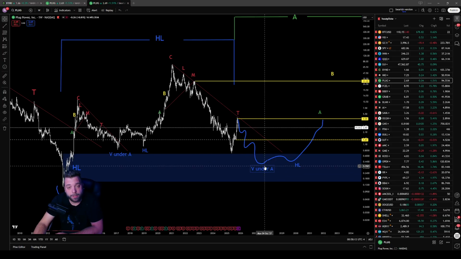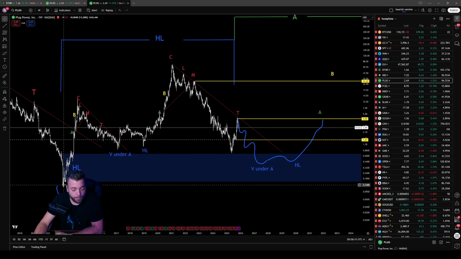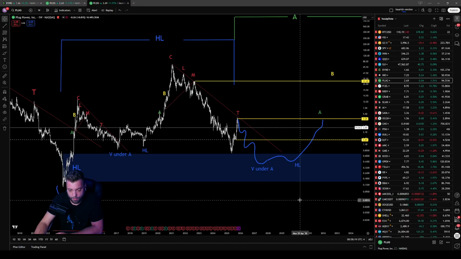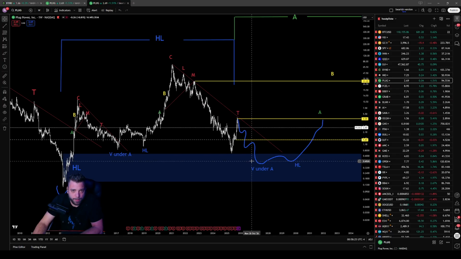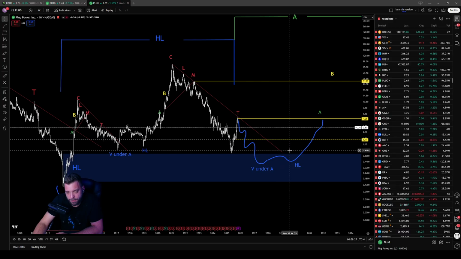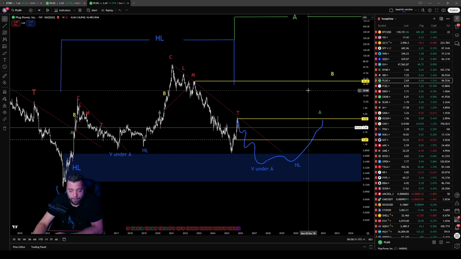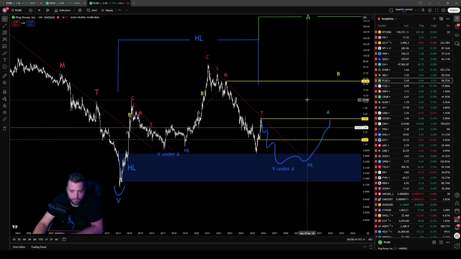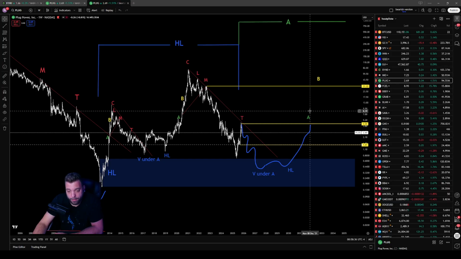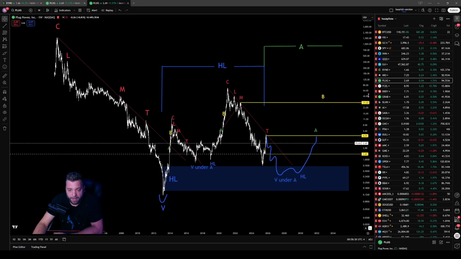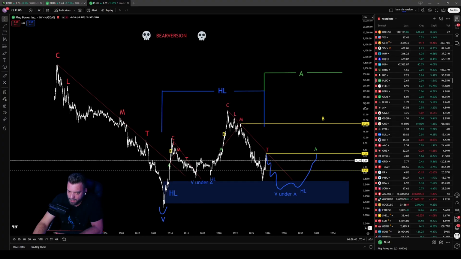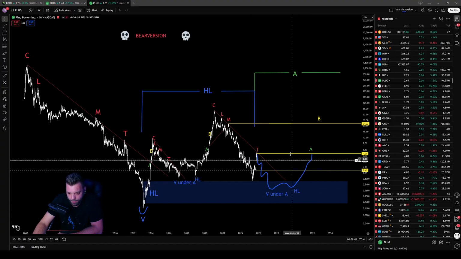The only question is it a higher low of 2013 or is it a lower low? If you break this level, I would just wait. I would wait for the bounce, for the higher low to hold, and then take a position. I will show that on other stocks when we have confirmation for a bounce.